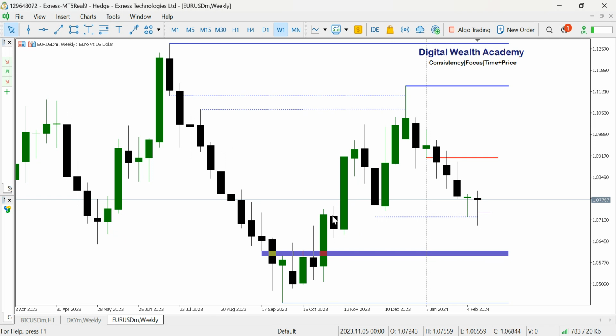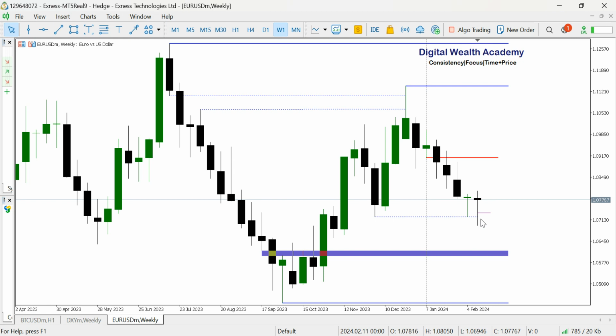We've tapped on it before and now we come back to reuse it, right? And we can see how price delivered rapidly higher when we swept it, which indicates a change in the direction of the market.